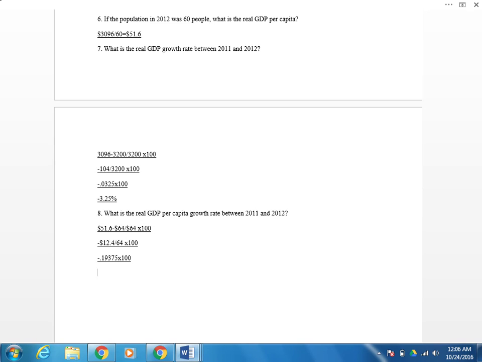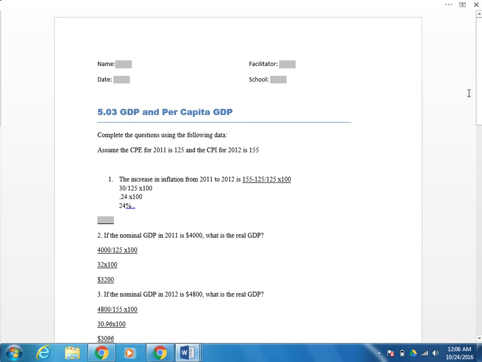This should be negative 19%. Sorry, the answer key has it wrong. It has it minusing by 60, but it's not 60, it's 64. So that is my mistake. So just know that the answer number 8 is negative 19.375. I'll go and try and correct that where I grade everything.